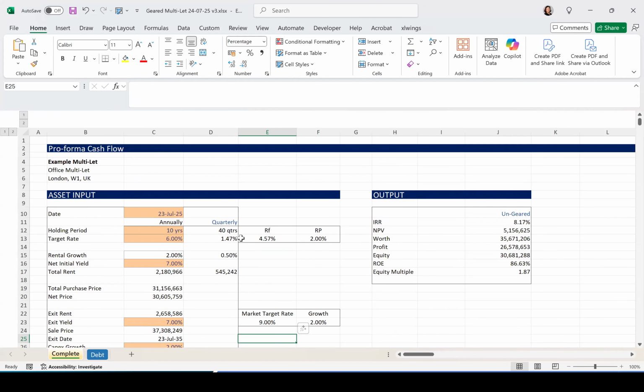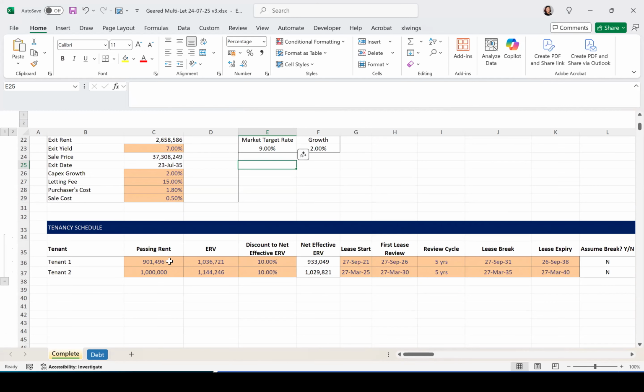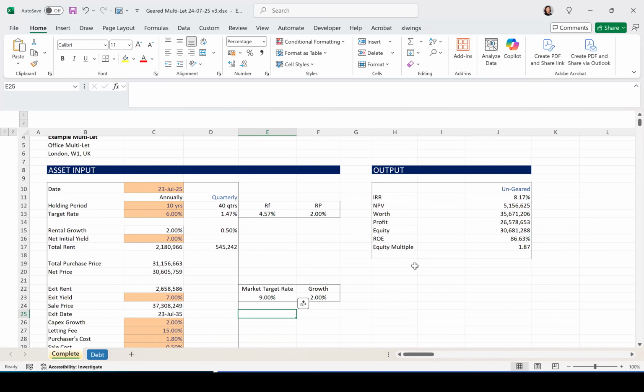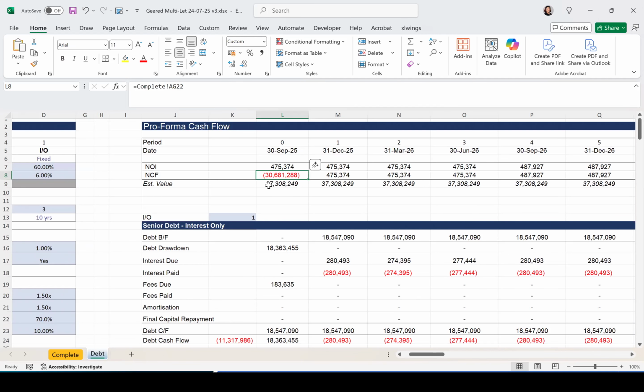This asset is just an example with two tenants. It's a multi-let because it has more than one tenant, and it's a commercial property, so it can be said to be an office. We're going to buy this for 30.7 million, and borrow 18.4 million.